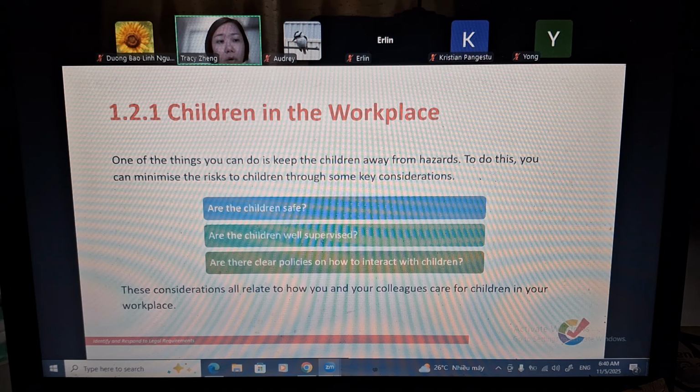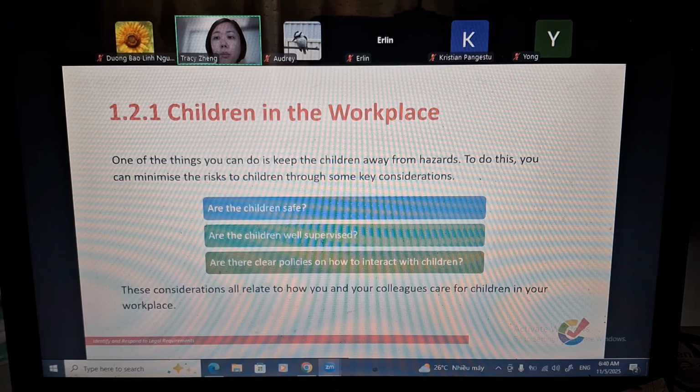You need to think, all right, are the kids safe in your facility? If they start running around, trying to go into different residents' rooms, start playing with things around in your workplace, are they safe?